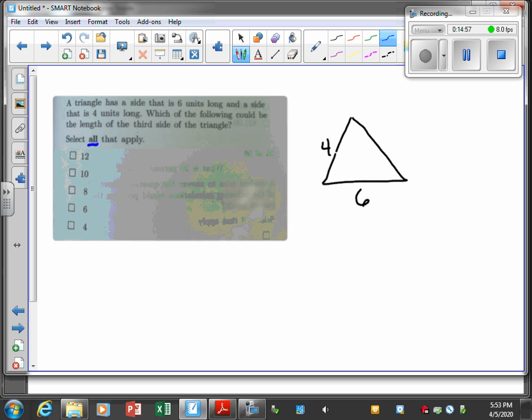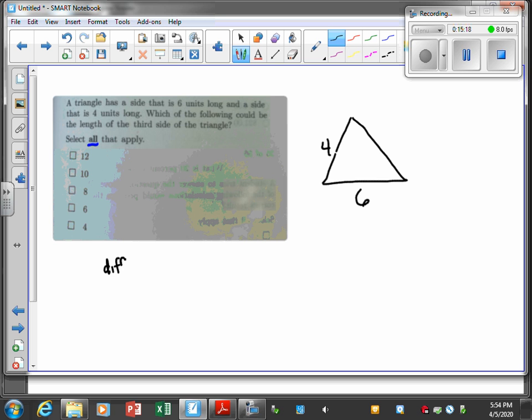So with this one, you need to be familiar with the triangle inequality theorem, and basically that just means that the length of the third side of a triangle must be greater than the difference of the other two sides, but less than the sum of the other two sides. And let me just kind of jot that down.